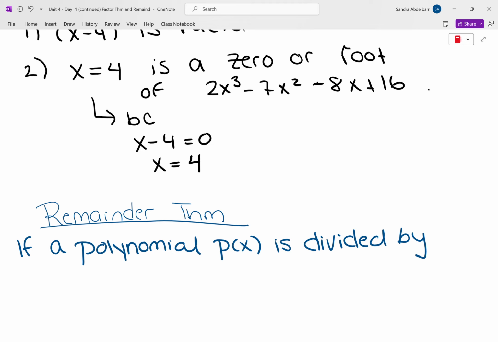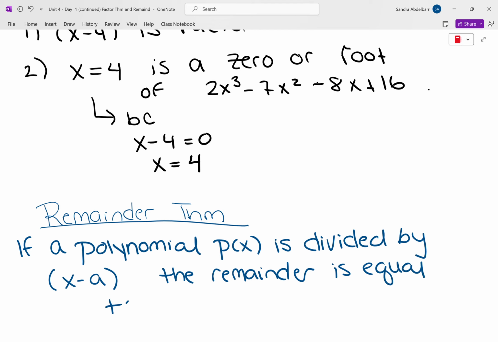So the other one was the factor theorem. This is the remainder theorem. So if a polynomial p of x is divided by x minus a, the remainder, and I'll explain what this means, the remainder is equal to p of a.